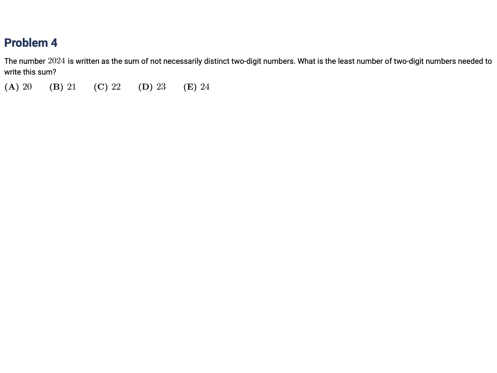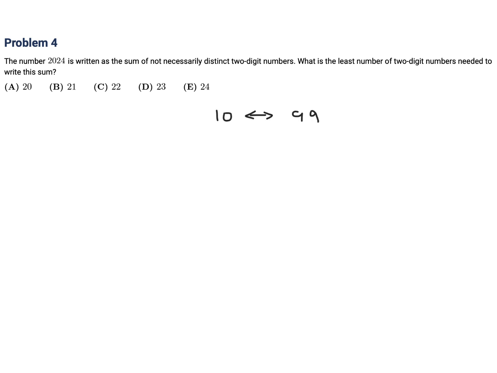The number 2024 is written as the sum of not necessarily distinct two-digit numbers. What is the least number of two-digit numbers needed to write the sum? The least number. Okay. So two-digit numbers range from 10 to 99, right?